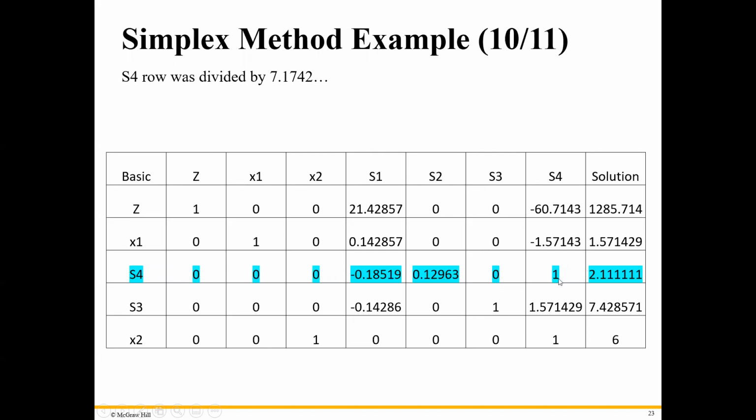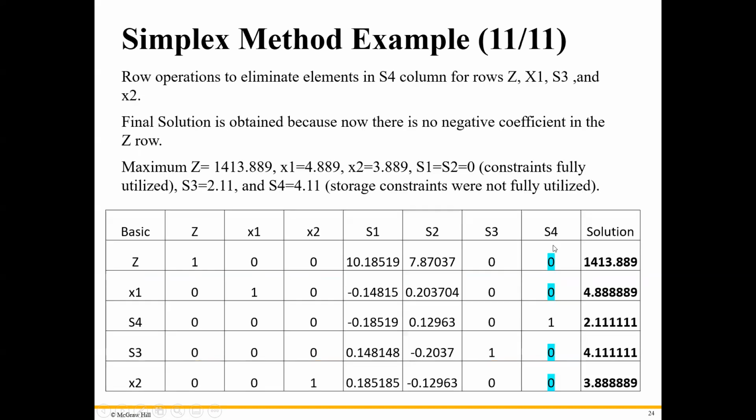And then again we have to perform the Gauss-Jordan elimination process to make these elements minus 60, minus 1.57, 1.57, and this 1 zeros. So we perform the row operations to make these zeros. After doing this, let's see what happens.